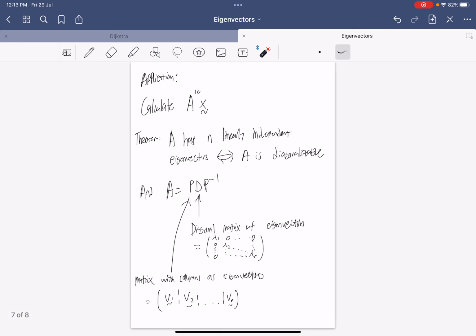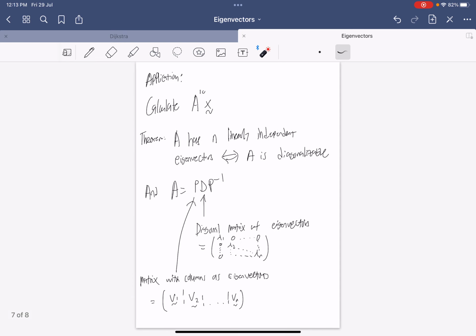And so, this allows us to calculate A to the power of 10 more easily because, as we'll show in the next page, A to the power of 10 can be reduced into the matrix P times another diagonal matrix to the power of 10 times the inverse of P.